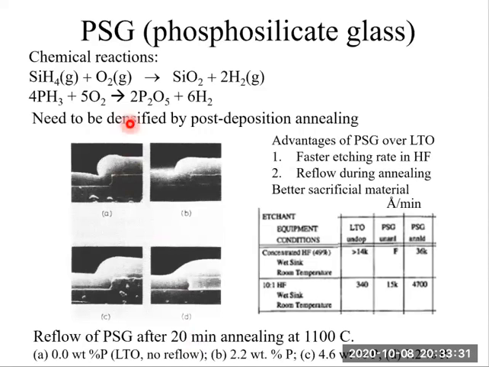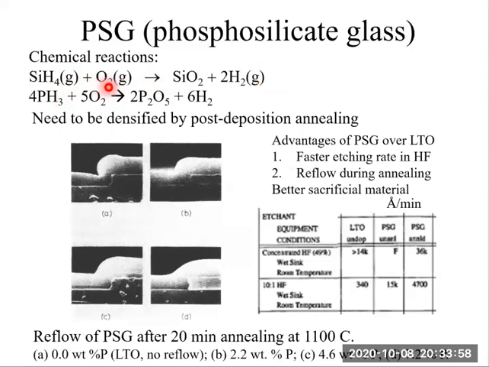Okay, PSG. Well, we previously used the PSG to dope polysilicon. PSG stands for phosphosilicate glass. It's prepared by using these two chemical reactions. The first one is the same as the one for LTO, right?